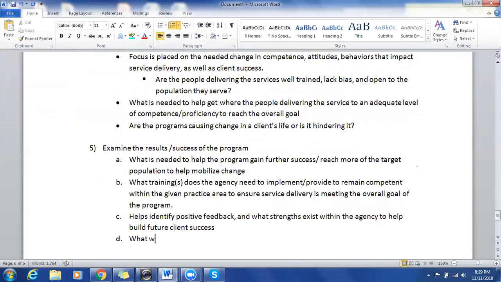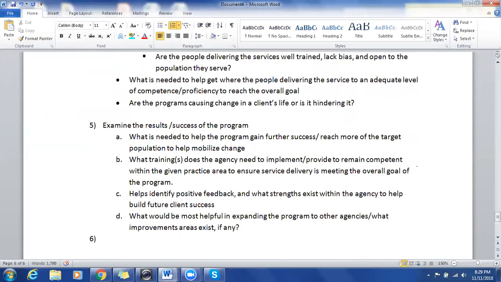And then what would be most helpful in expanding the program to other agencies / what improvement areas exist, if any. And then once we have all of that, that is basically what it is.